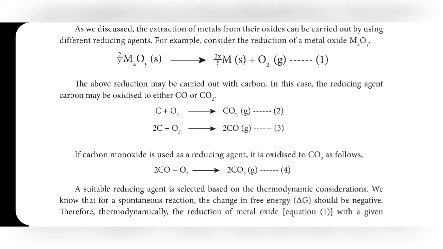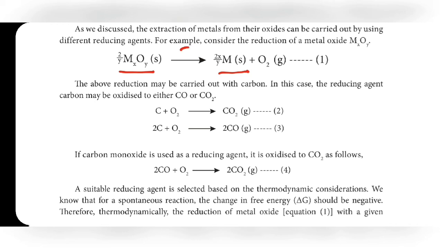Totally how many reactions are given here? Totally 4 reactions are given. In equation 1, metal oxide is converted into metal.